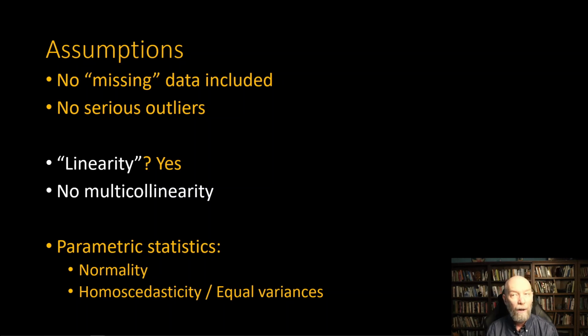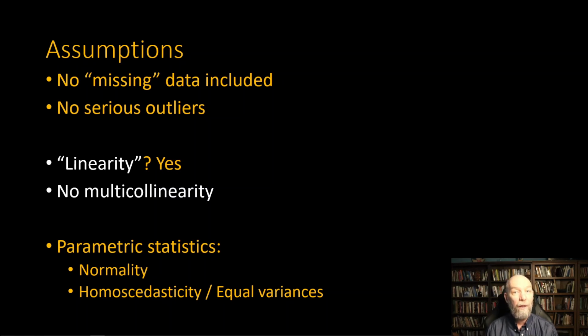There is an assumption of linearity, but I put it in quotes now because we have more than two variables related. It's beyond the scope of this video to explain it, but when we add 2 or 3 or 4 independent variables to the model and we run the mathematics, we're not just talking about a straight line. That's what we could have if we have an x-axis variable and a y-axis variable, and then we have a straight, best fitting line as our prediction model. That's what we did in bivariate correlation.